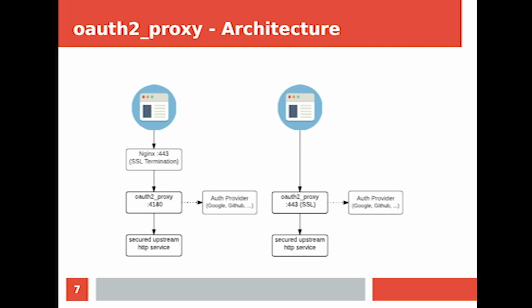We chose to implement the first model because the nginx implementation for this particular project was sort of out of our control, and so we decided to choose the architecture on the left-hand side, wherein OAuth 2 Proxy receives every request after nginx does the SSL termination, and then any upstream microservice or HTTP service like one of these is secured by OAuth 2 Proxy, and it works alongside the auth provider. In this case, it happens to be Microsoft's Active Directory.